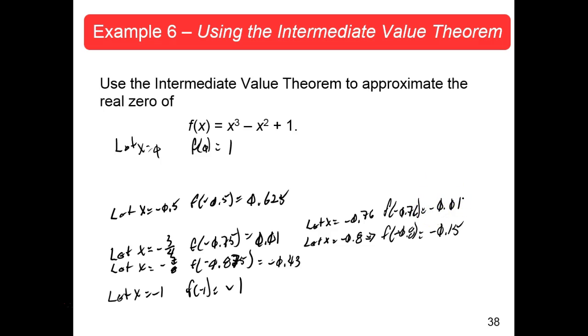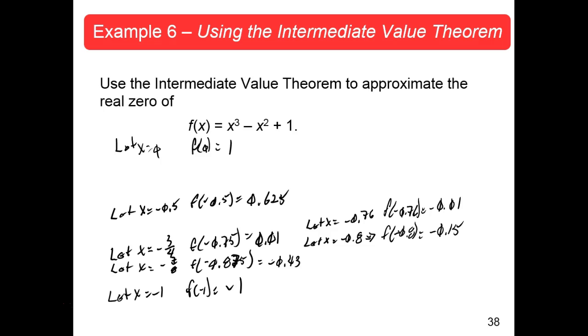All right. Well, here we have a positive 0.01 at negative 0.75, a negative 0.01 at negative 0.76. I would say we're awfully close. I believe I would just settle for negative 0.755 and say we're going to be close enough. We're already within 2 digits of precision. So therefore, I'd say negative 0.755 is going to be close enough.